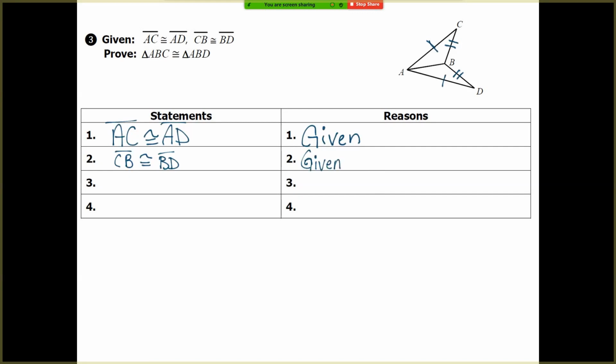For my third line, I need to prove that I have another side congruent in this diagram. So when I look at the 2 triangles, they both share this same line. Well, if the line's being shared by both triangles, it has to be congruent to itself. So AB is congruent to AB, and we justify that by the reflexive property.